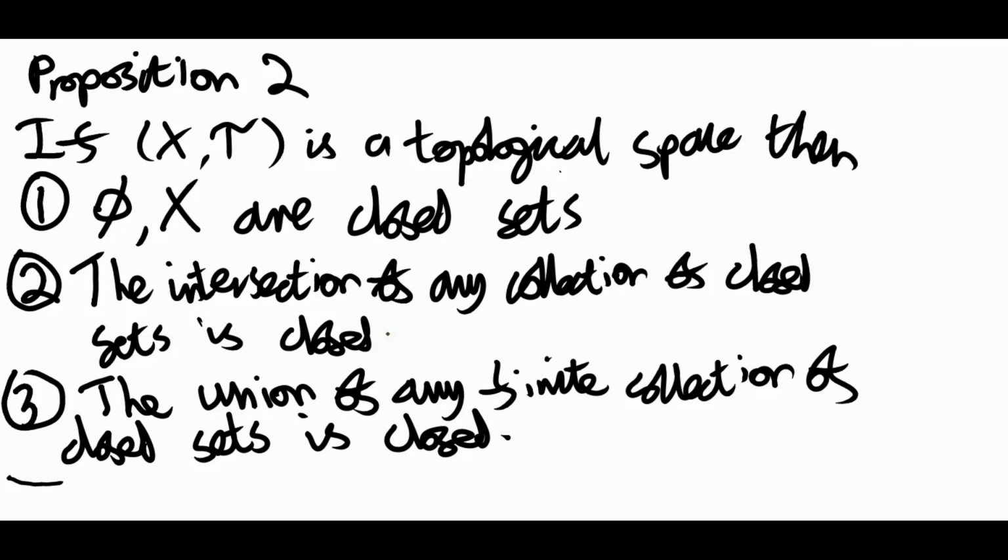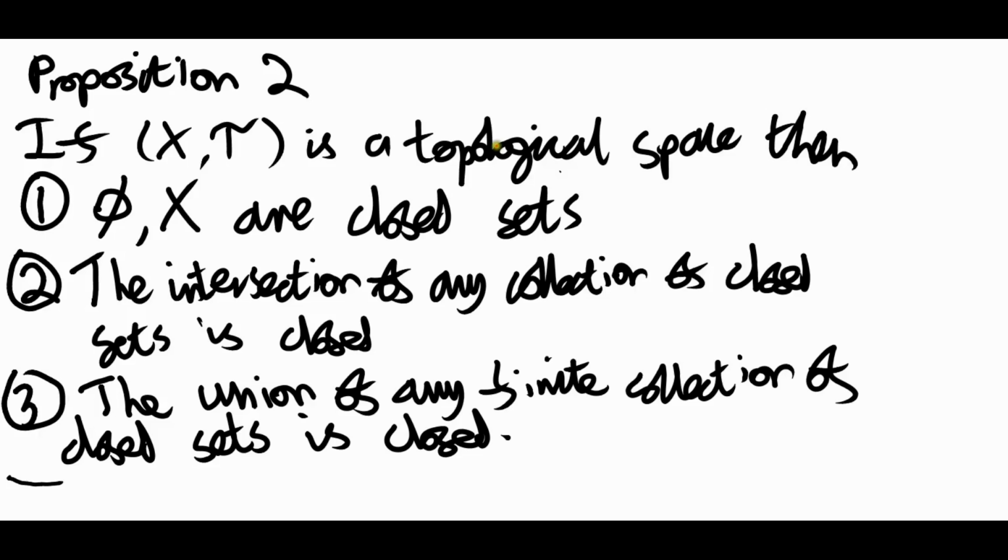Okay, so how are we going to prove this result? This is a very important one. The important thing to notice is that the closed sets are just complements of the open sets. So if you remember the definition of a topological space, we had it as part of our definition that X itself is an open set.